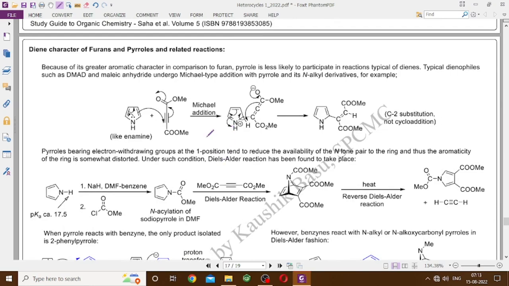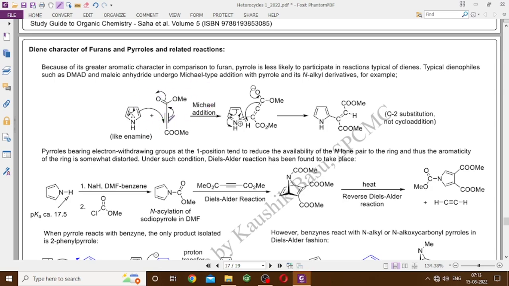Because of the relatively greater aromaticity, pyrrole rings are generally not susceptible to Diels-Alder reaction. Instead, when treated with dienophiles like DMAD, they behave like enamines and they undergo Michael addition, just as we have seen here.